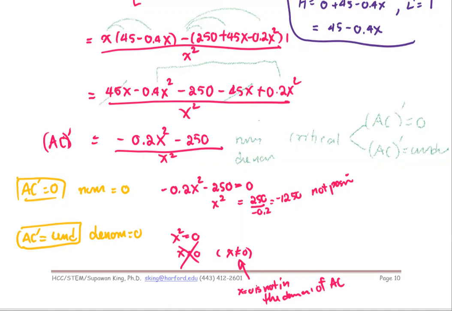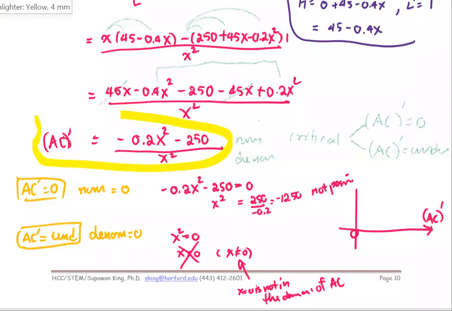With these two cases, we can just consider the numbers starting from zero or anything on the right side of zero, and the sign of the average cost function derivative. For the derivative, we have the numerator negative 0.2x squared minus 250.